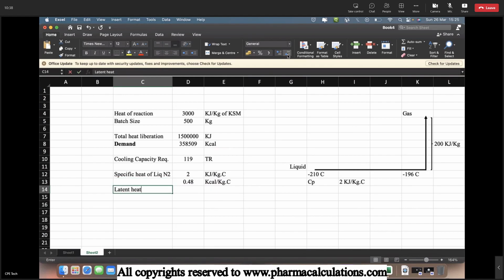And the latent heat is almost 200 kilojoule per kg, and I'll convert this into kilocalories by dividing with 4.184. That means during a phase change, liquid nitrogen can absorb almost 47.8 kilocalories of energy.